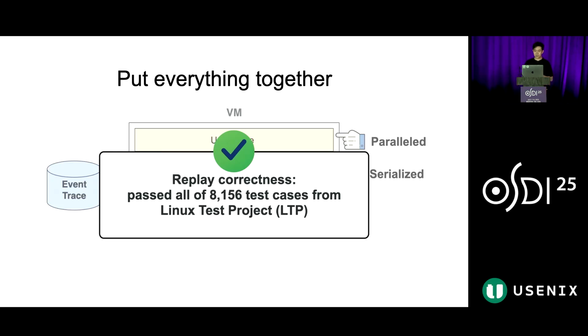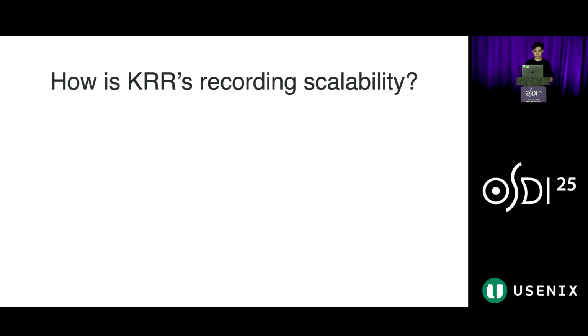Okay, now we're going to jump into the evaluation part. The first question is, how is KRR's recording scalability? In this part, we measured the recording slowdown of KRR and whole machine RR running the RocksDB benchmarks. To make a fair comparison, we implemented the whole machine RR prototype using the same QEMU and KVM version as KRR does, based on existing approaches.